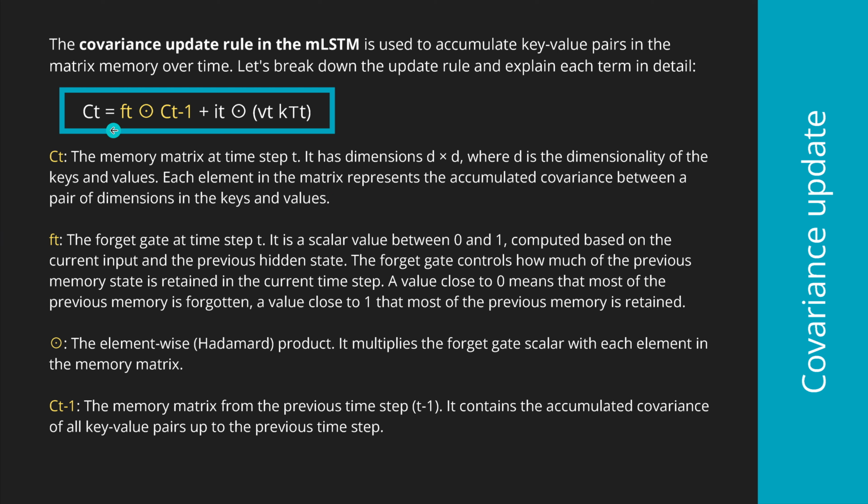Then we have our forget gate vector at the time t. You know what it is. Then we have the element-wise Hadamard product operation. And of course, we have the memory structure at time step t minus 1. This contains all the accumulated covariance of all the key value pairs up to the previous time step.